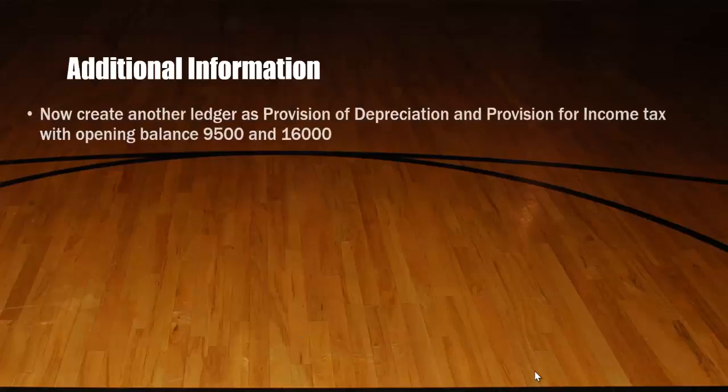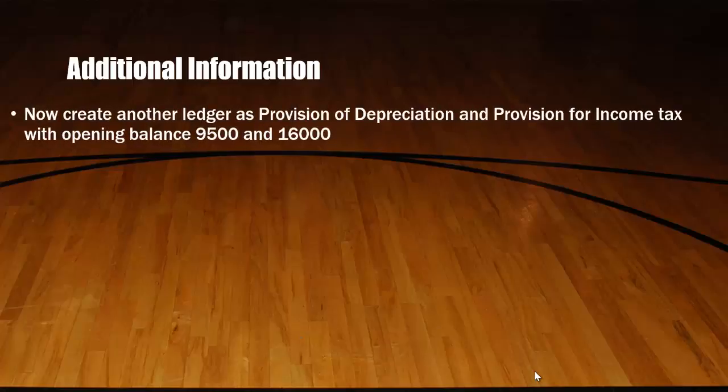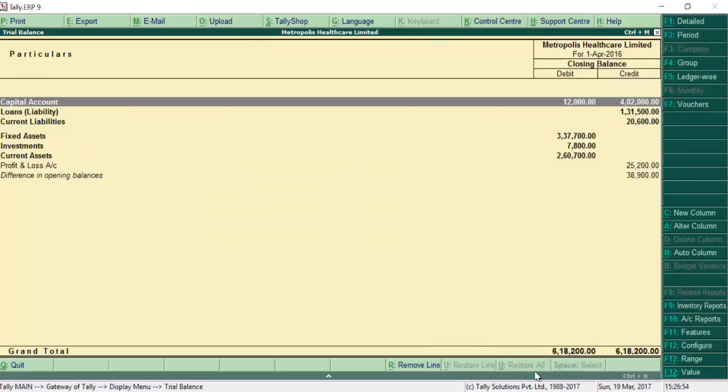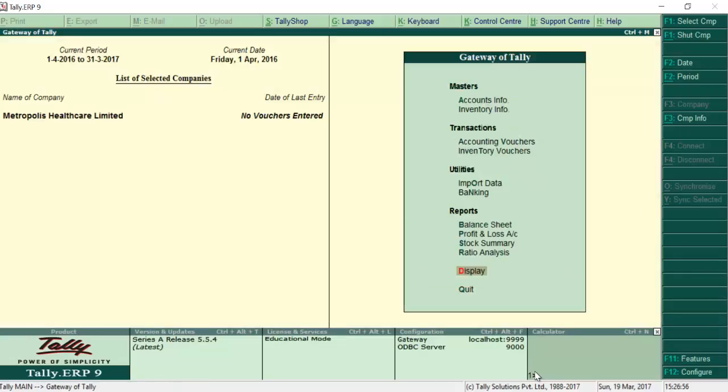There is also additional information on how we can change and correct. So now create another ledger, provision for depreciation and provision for income tax. The opening balances are 9,500 and 16,000. So again we have to go to accounts info, ledger.